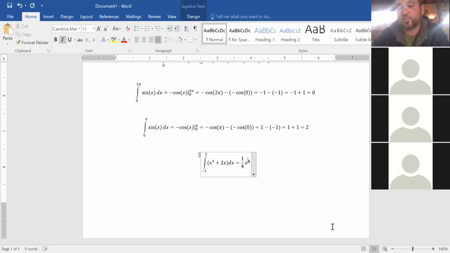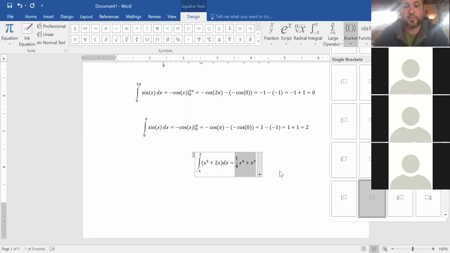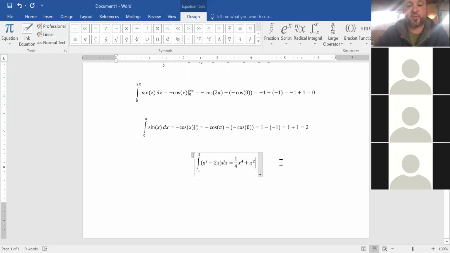That works. Now the 2x, it's even easier. That'd be x squared. Take the derivative of that, that's 2x. So that's our antiderivative. We're going to change the design. There we go. And this will go from 2 to -1.